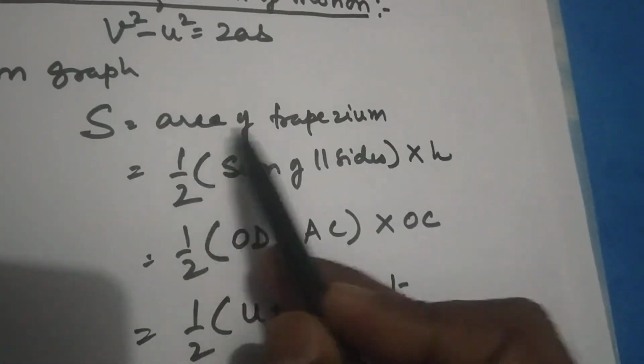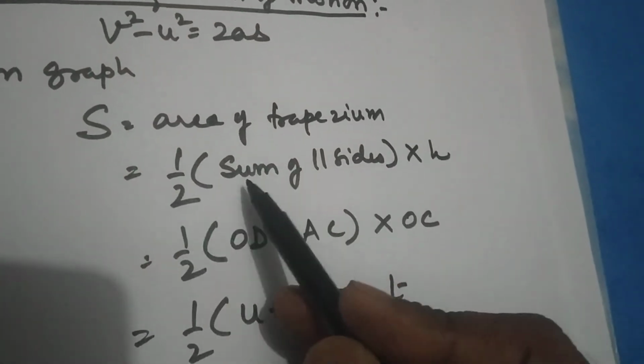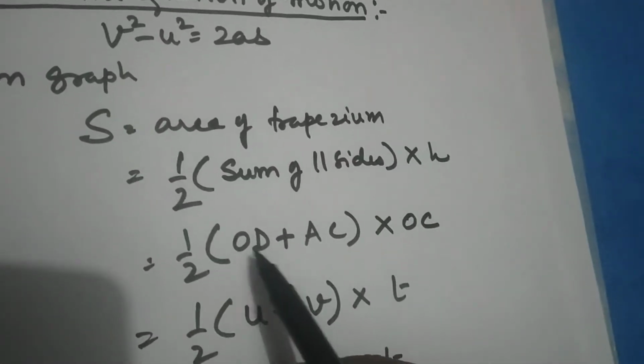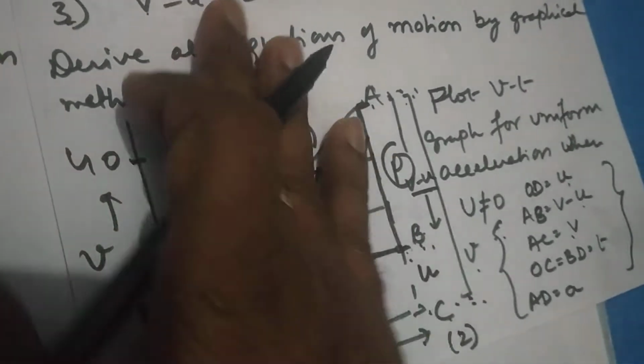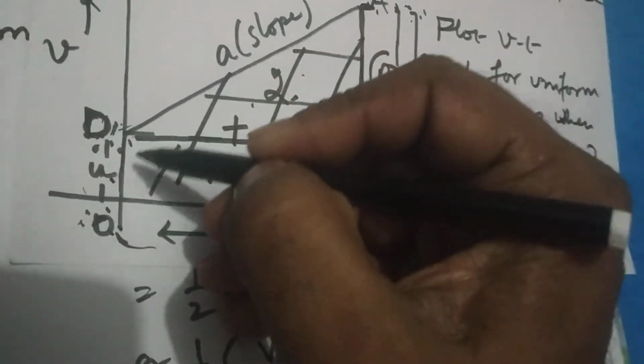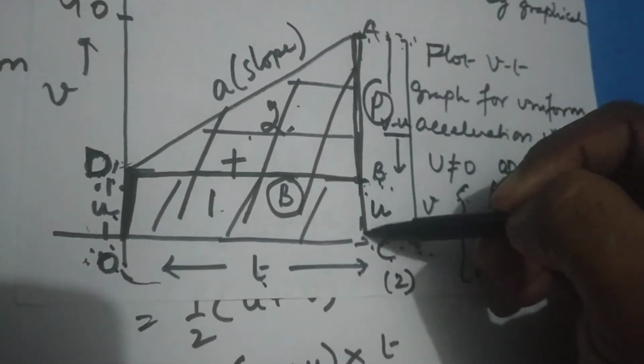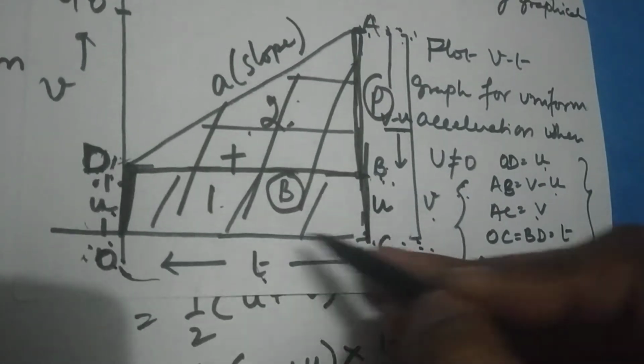So it is area of trapezium, half sum of the parallel sides into H. So we have taken the sum of the parallel sides. This is the parallel side in the diagram, OD, and this is the parallel side AC, and this is the perpendicular distance.